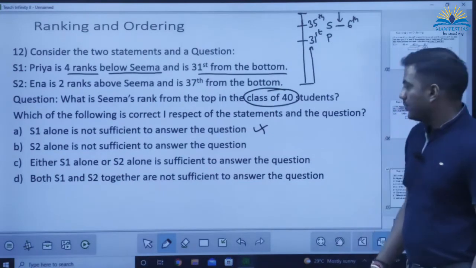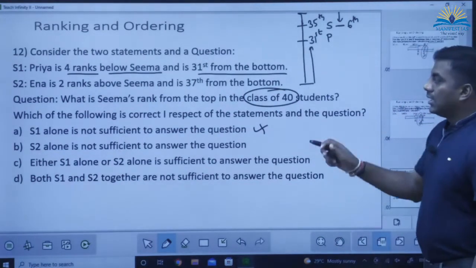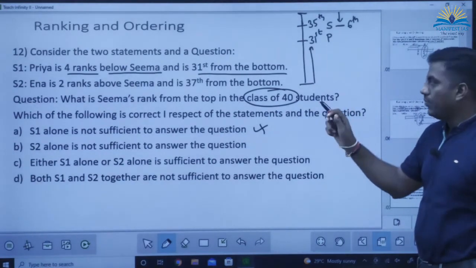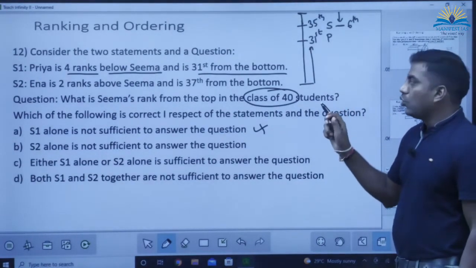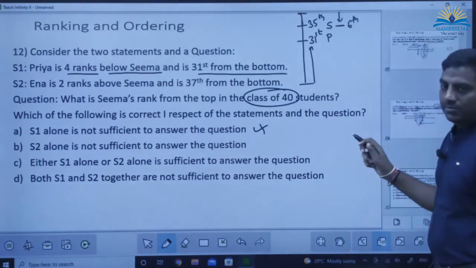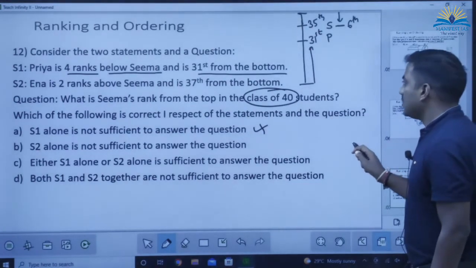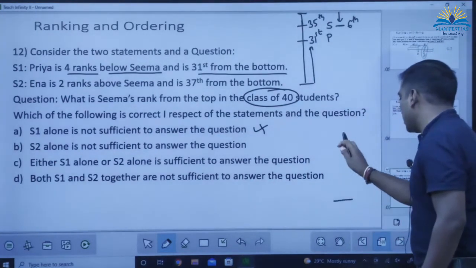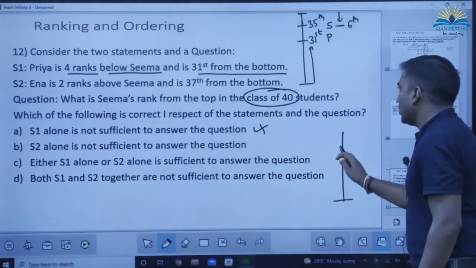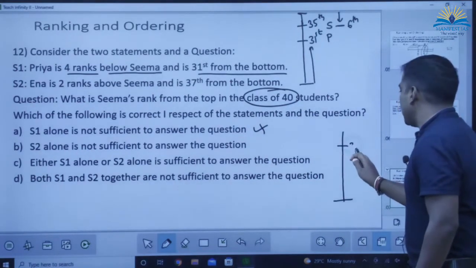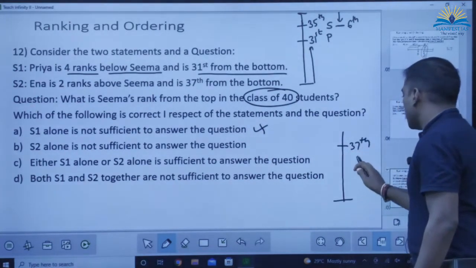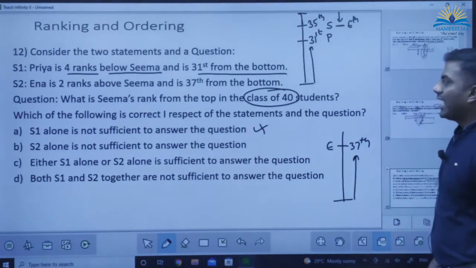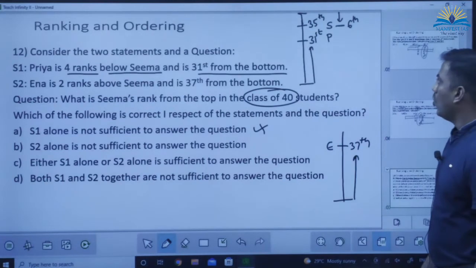Second, don't read the first statement now. Ina is 2 ranks above Seema and 37th from the bottom. Same scene. Ina is 37th from the bottom. This is Ina. And 2 ranks above who?